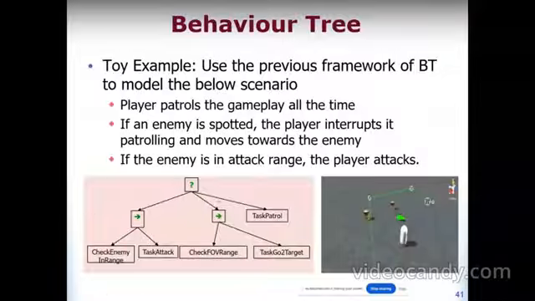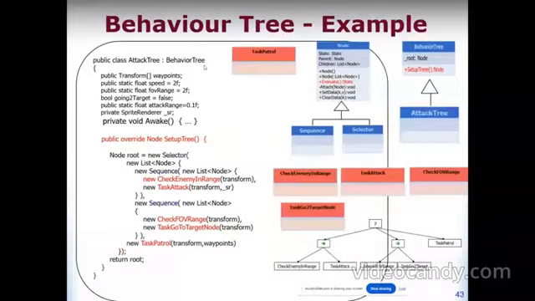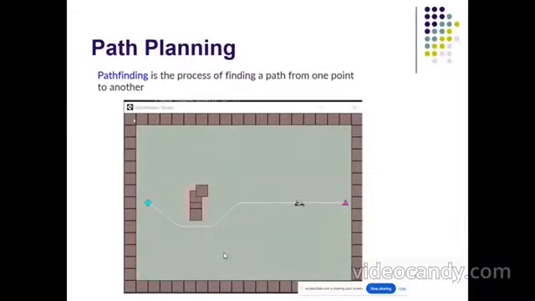If this is not successful, you start looking for a target while you are patrolling, and so on and so forth. Here's how to set up the example, how to build the attack tree that extends behavior tree and do the rest of the code. Again, look at that if you are interested.